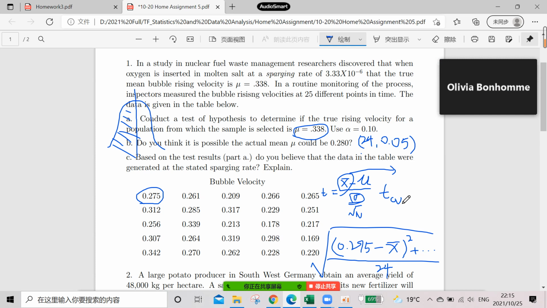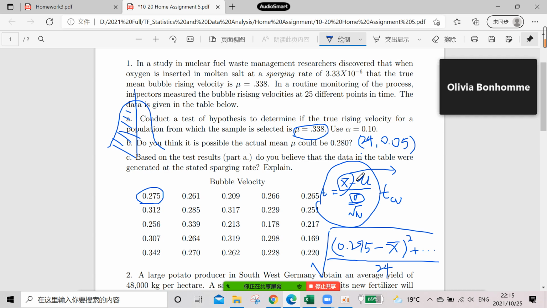I understand how you got the standard deviation and the mean. How did you get the t value? You just use this formula. The t value equals the mean of the sample minus the mean of the population, divided by... this mu is not the mean of the population. It's something we want to test.